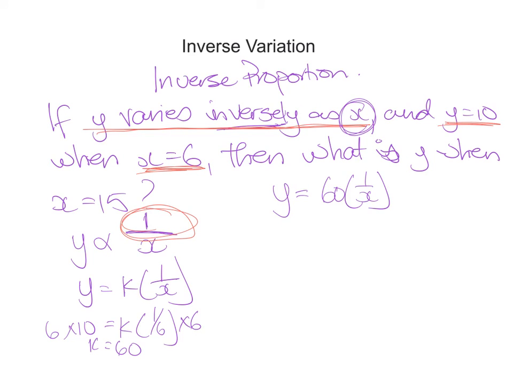And they're asking us what is y when x is 15. So when x is 15, y is equal to 60 by 1 over 15, which is 4. And that's it for inverse variation. It's just like direct variation, it's just that if it's inverse, it must be 1 over.